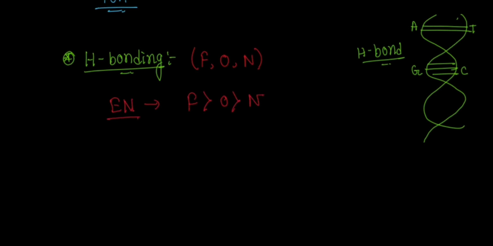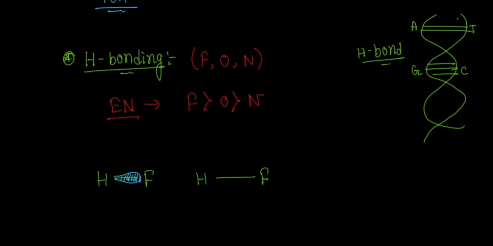So definitely they would show hydrogen bonding. Now, how do they show hydrogen bonding? What is the mechanism? When you have two molecules of HF, let's say I have one HF and I have another HF. This fluorine is more electronegative, so it would drag the electron cloud more toward itself, just like the previous question.